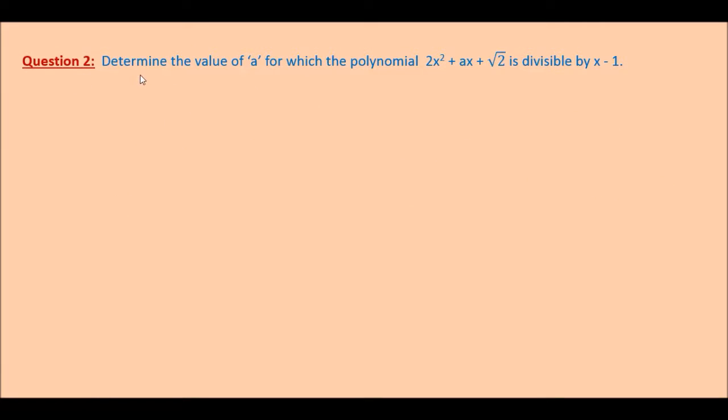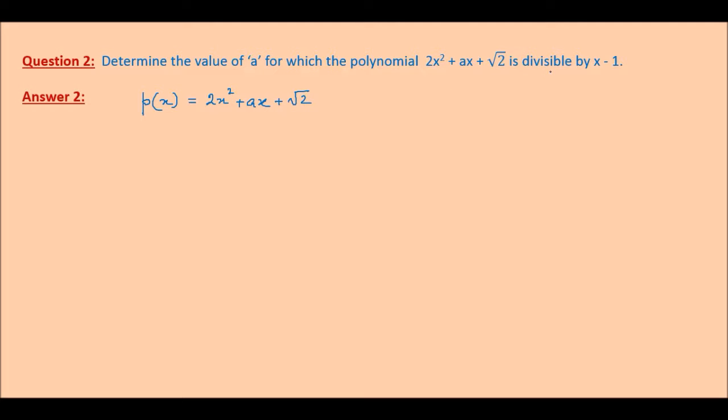Question 2. Determine the value of a for which the polynomial 2x squared plus ax plus root 2 is divisible by x minus 1. So answer 2. Now let this polynomial be equal to p of x. P of x is equal to 2x squared plus a times x plus root 2.